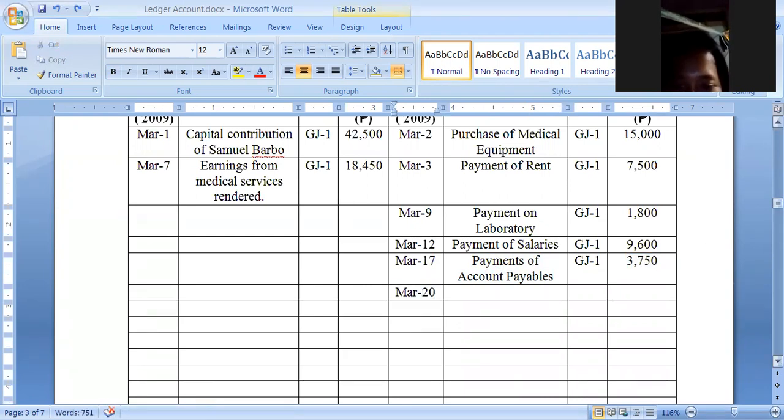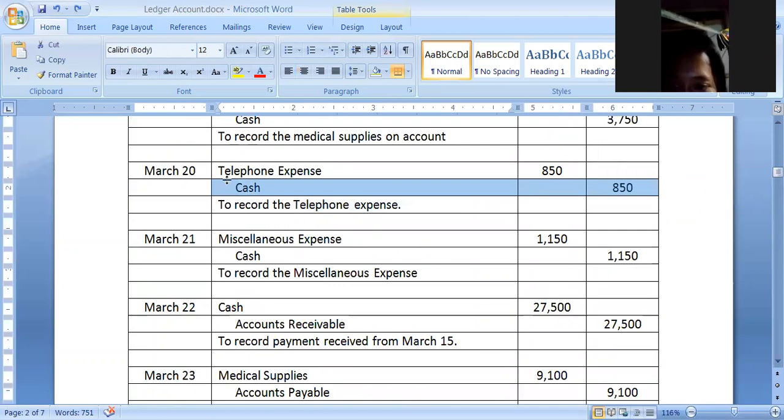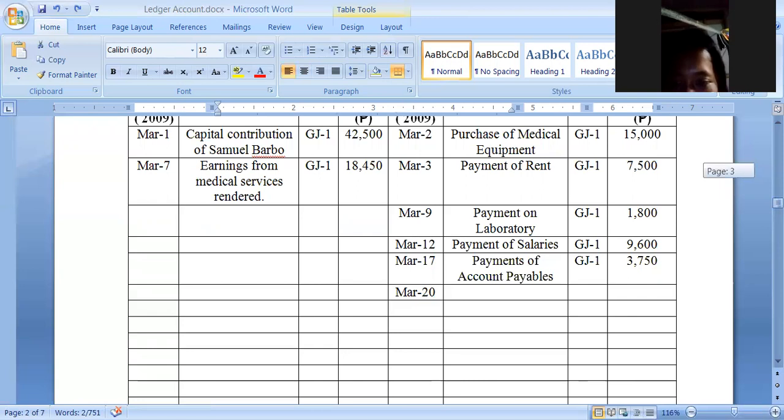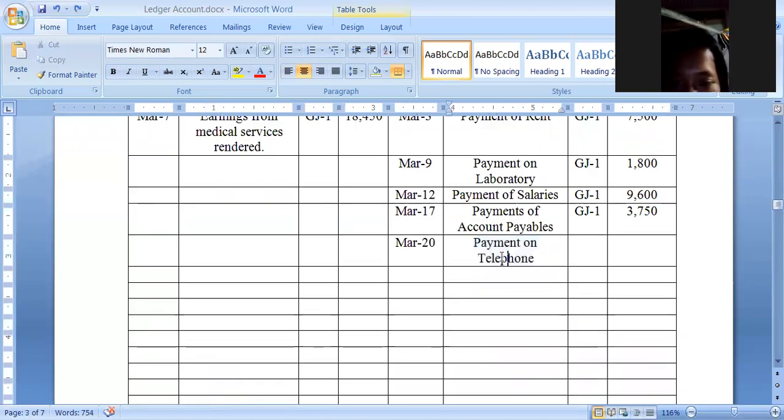March 20. Let's go back to journal entry. Our cash here is credited, which is 850. A telephone expense. Let's go back to ledger account. A payment on telephone. General journal, page 1. 850 credited.